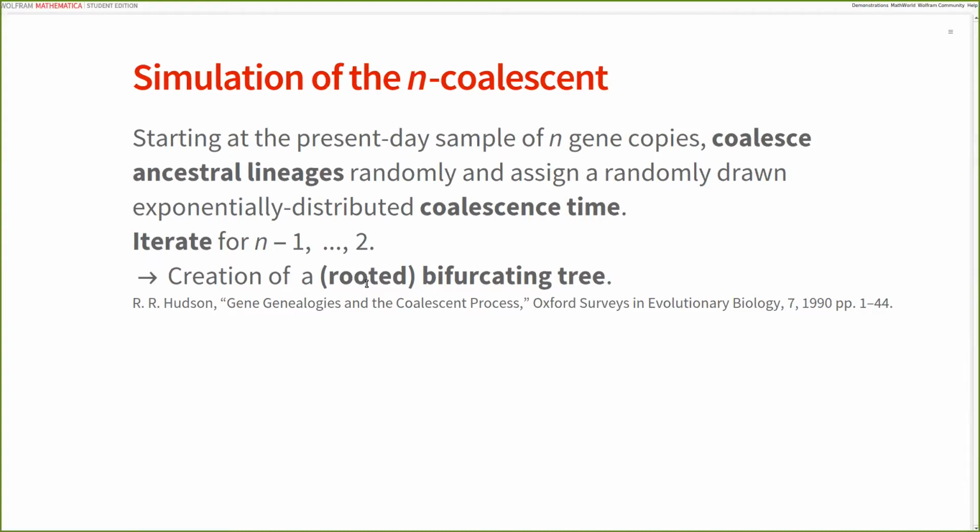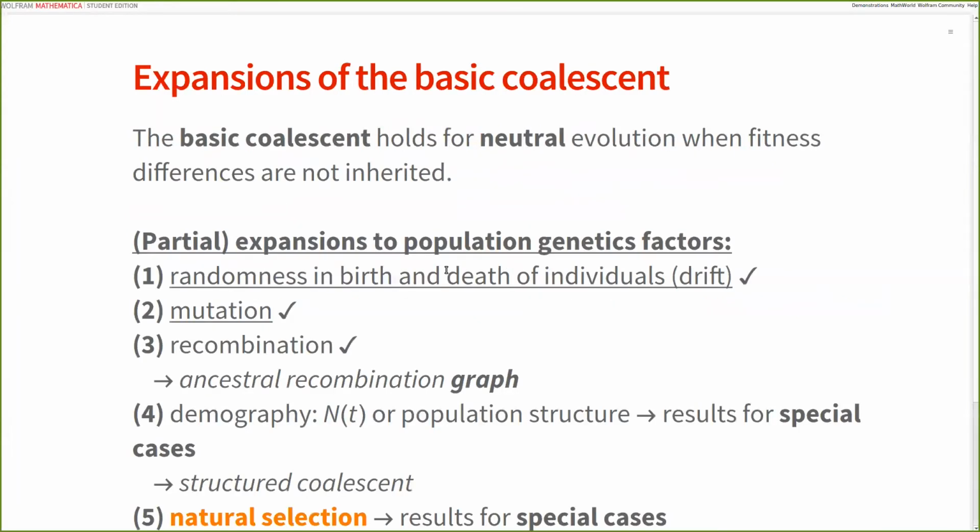This process is just iterated from n down to 2, and thereby we create our full genealogy, a rooted bifurcating tree for the basic coalescent. So we now have a simulation approach that is actually very efficient and therefore can be computed quickly.